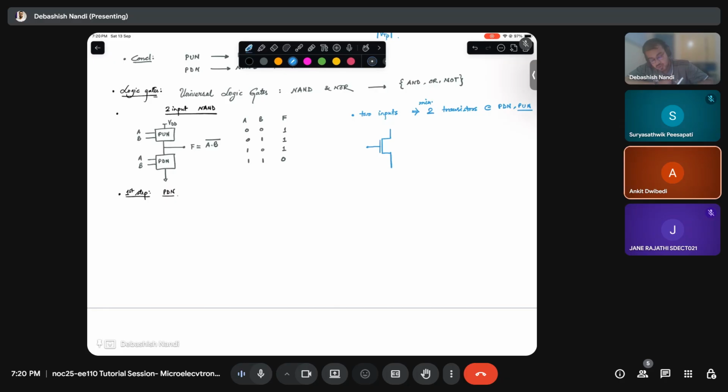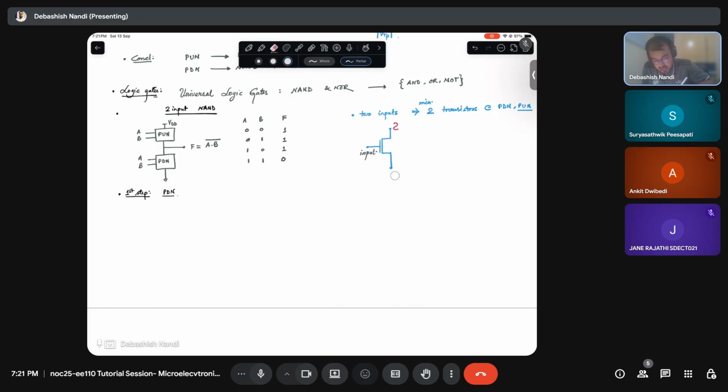That means you are applying your input at the gate terminal of the device. So basically, let's say you have a signal at this point, right? You want that signal to pass through the transistor and come at this point in one case.